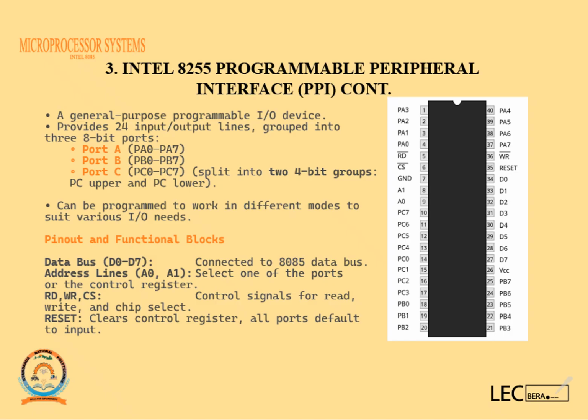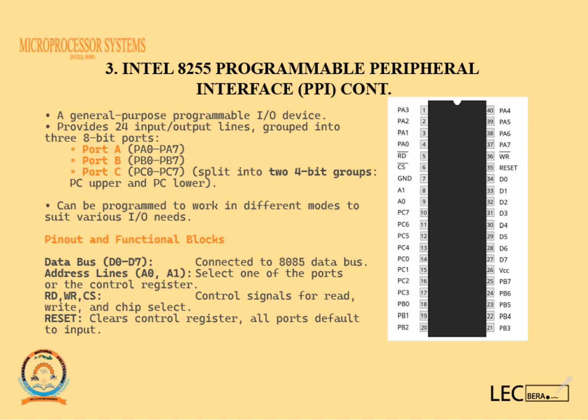We have the upper, which is in group A, and we have the lower, which is in what? Group B. And maybe you are going to see why they are doing that. It can be programmed to work in different modes to suit various input-output needs. You are going to see those modes. We've said we have mode 0, mode 1, and then mode 2.